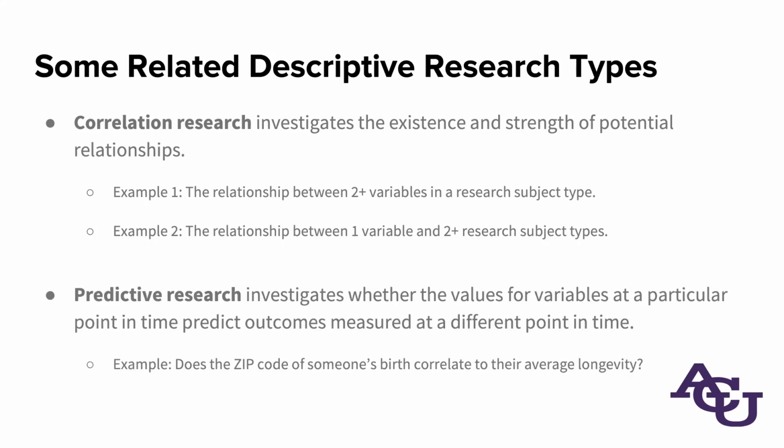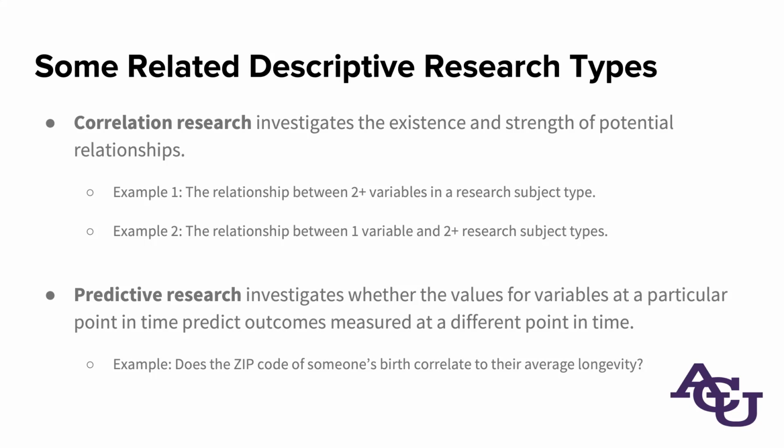And predictive research is where we're, again, investigating whether the values for variables at a particular point in time, and this is when we're measuring them, predict outcomes as measured, again, at a different point in time. So, for example, if we're looking at does the zip code of someone's birth correlate to their average longevity?